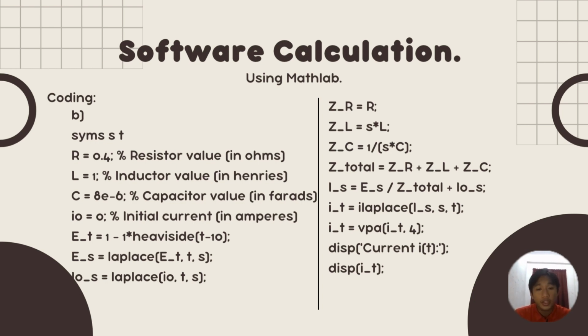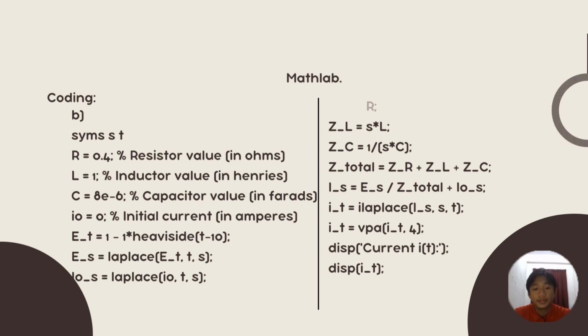After we state the values, we also must state the symbol of every component in the circuit using MATLAB code. After that, we use ilaplace and vpa to get four decimal places. And we use display current i(t) to get the result.